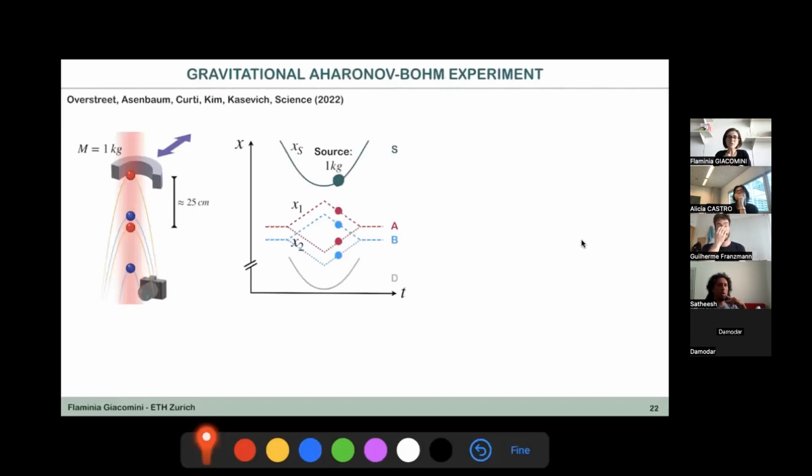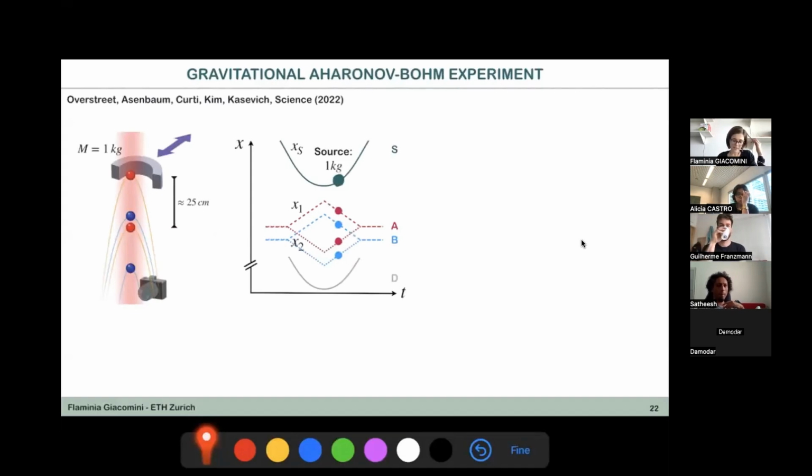These are single atoms. These atoms have a wave packet that is split, and it reaches a highest point and then falls back and is recombined, to measure interference. In this case, the distance between the two arms of the interferometer is 25 centimeters.